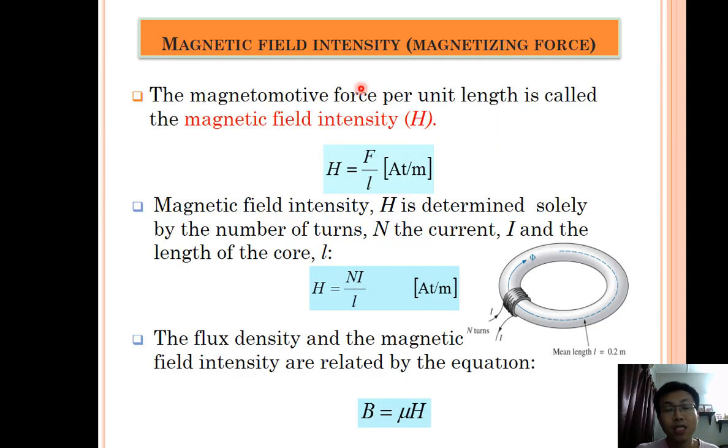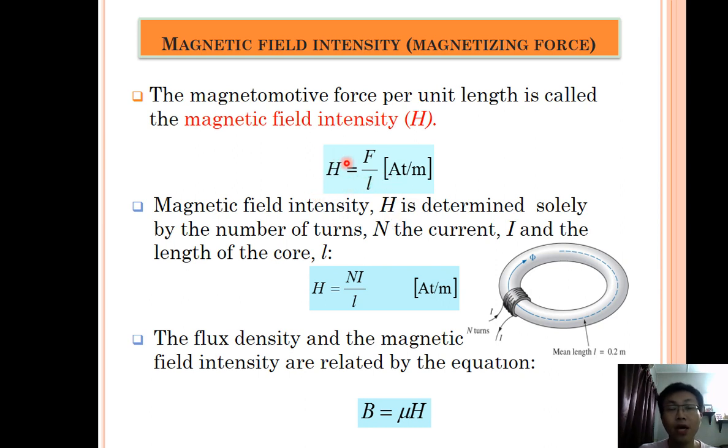So magnetic field intensity, or magnetizing force. The magnetomotive force per unit length we call the magnetic field intensity. So H equals F over L. Just now we have flux phi equals F divided by R, reluctance.